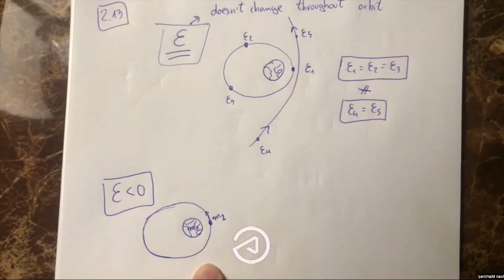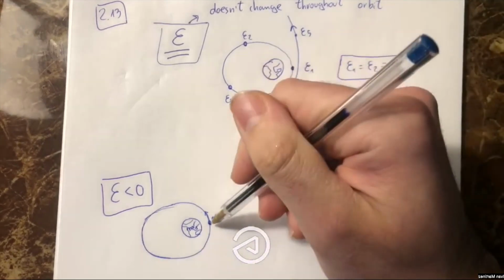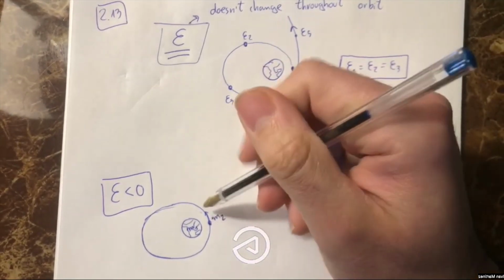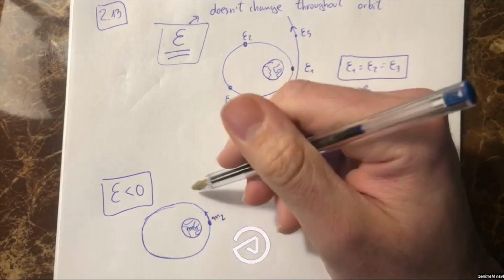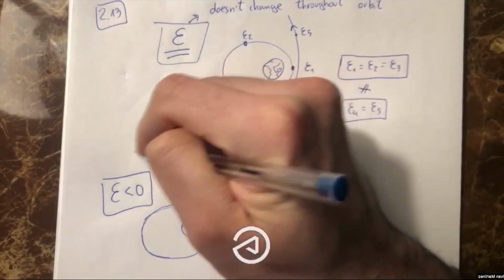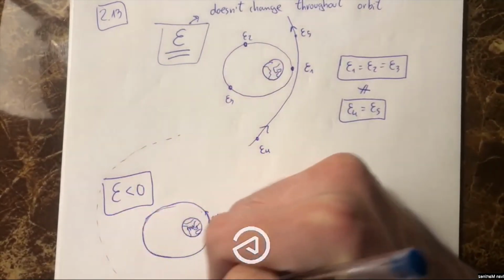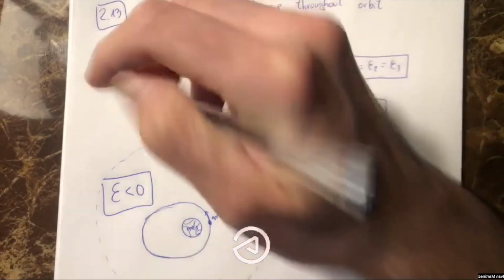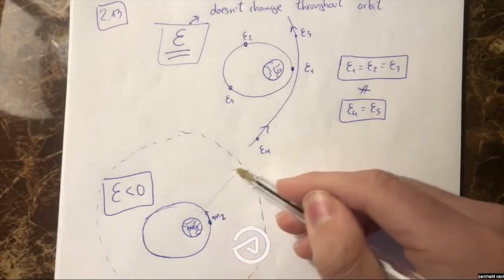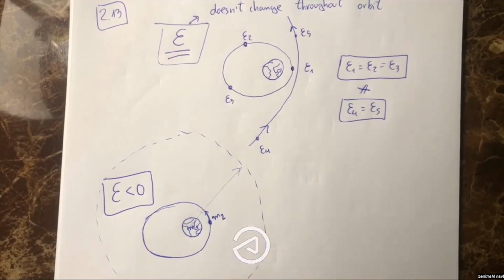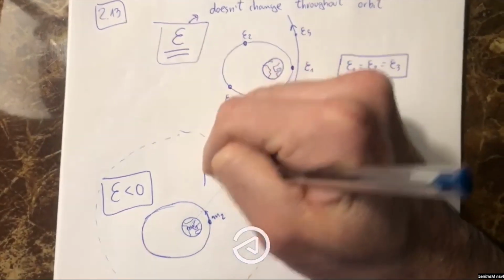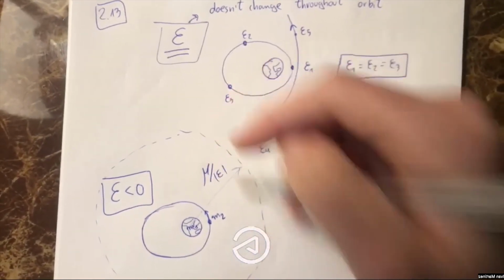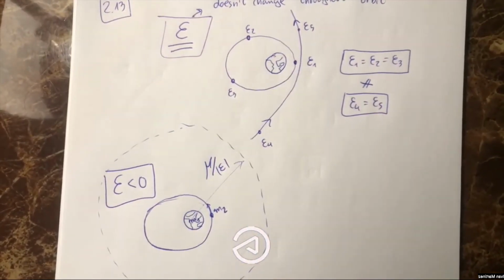So the question is asking us to prove that M2 will not go farther away than a sphere centered at M1 with radius mu divided by this. How do we do this?